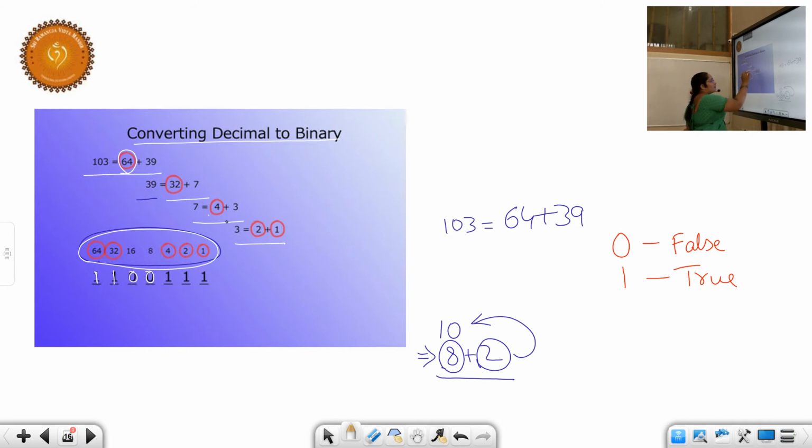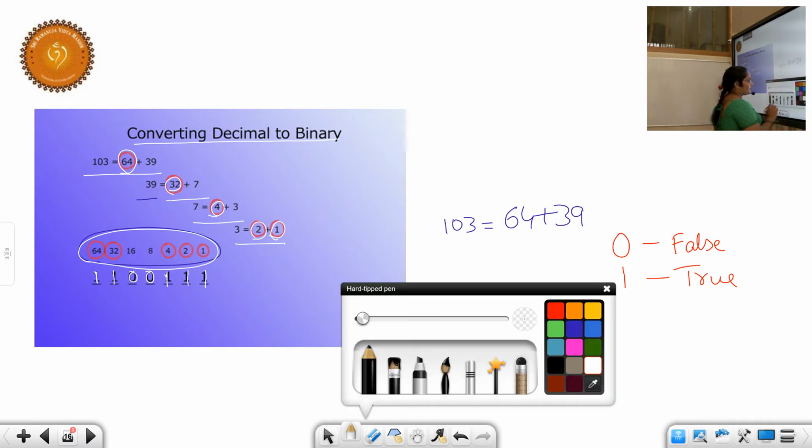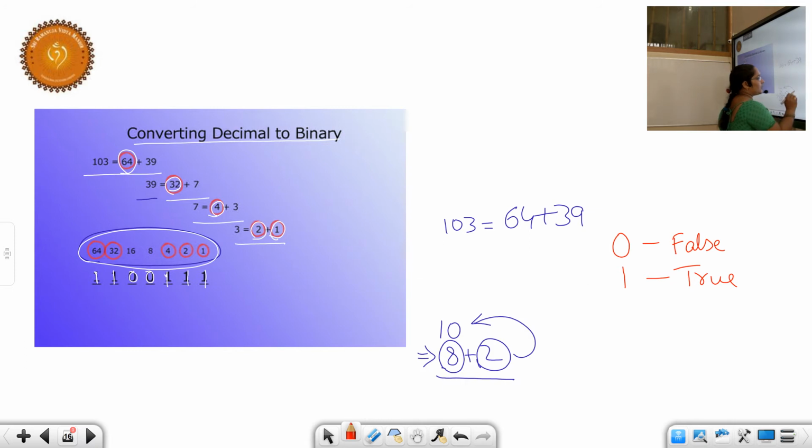Next, 4. We have 4, so it is represented as 1, and 2, 1, so 1, 1. The binary value of 103, let me write here, equals 1, 1, 0, 0, 1, 1, 1.